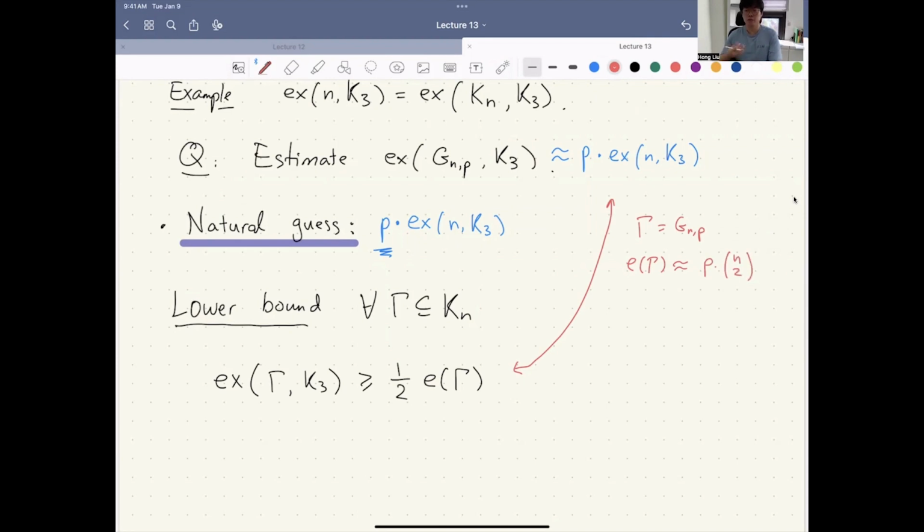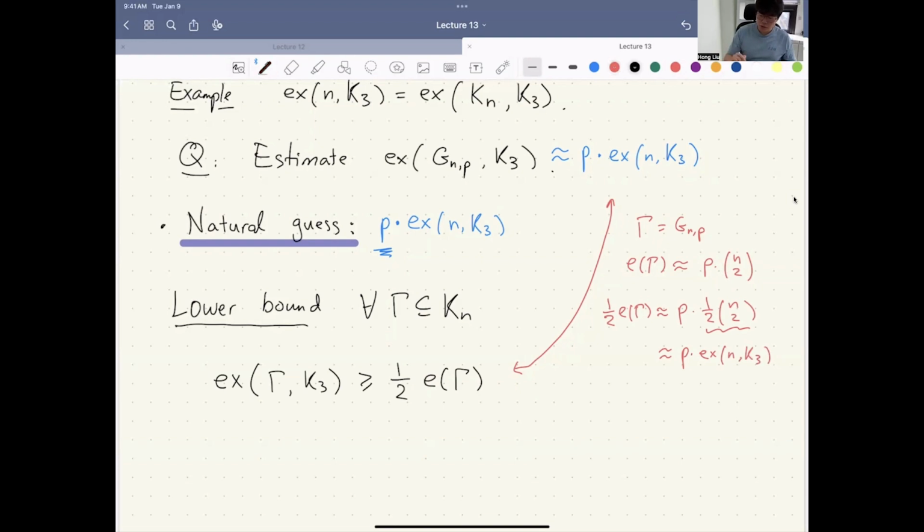N choose 2 pairs each retained with probability p. So 1/2 of e(Γ) is roughly p times 1/2 n choose 2. But this is roughly the extremal number for K_3. So it's roughly p times the extremal number of K_3.